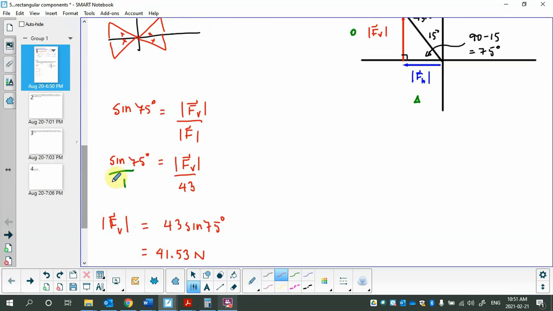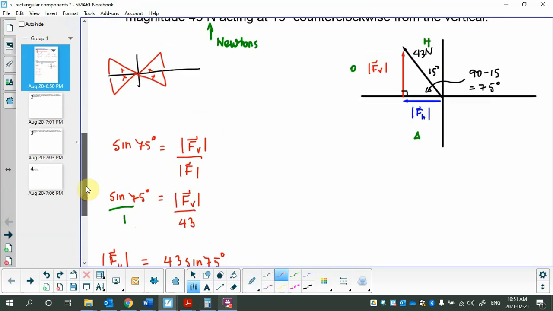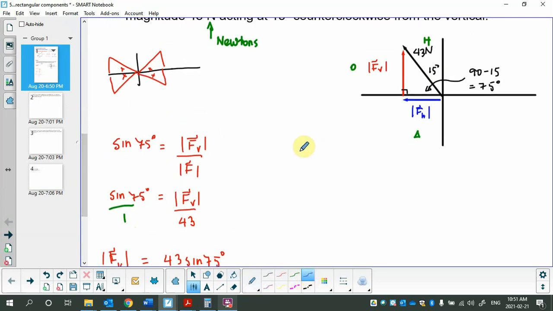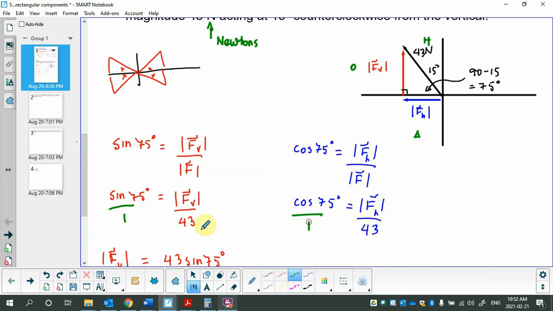So the blue is adjacent compared to the hypotenuse. So that's cos. So cos 75 degrees is equal to adjacent over hypotenuse. Put this over 1 if you need it.